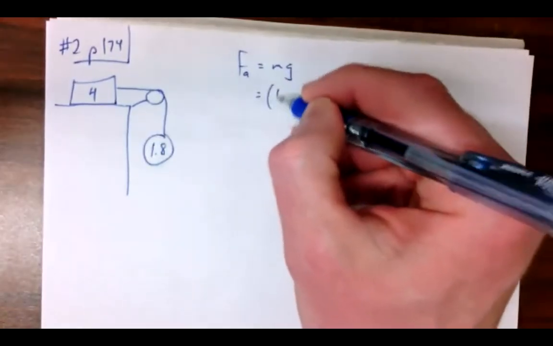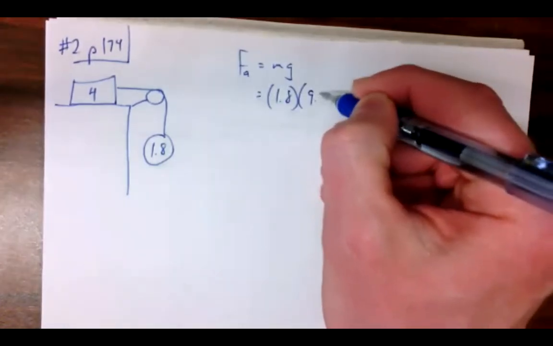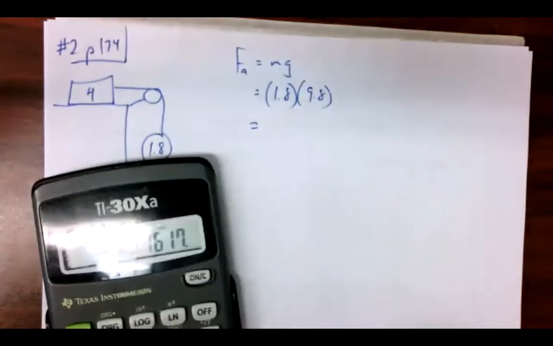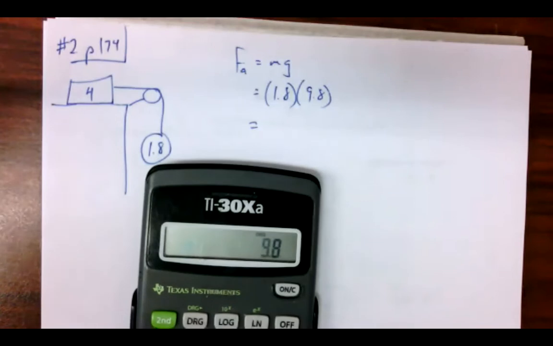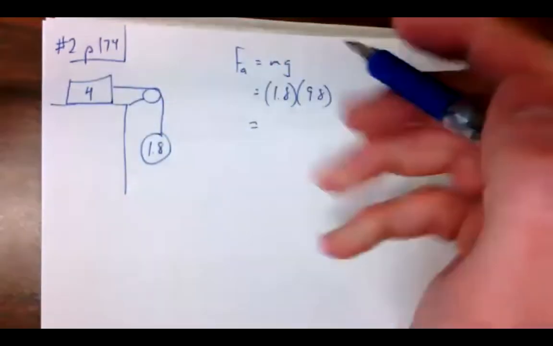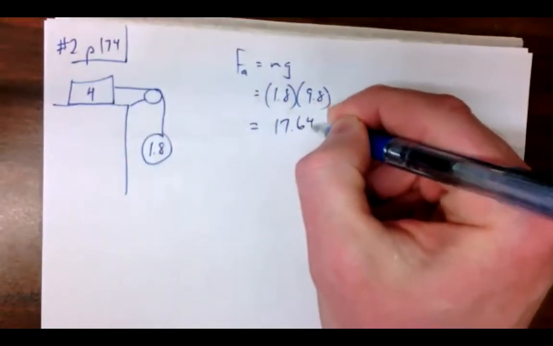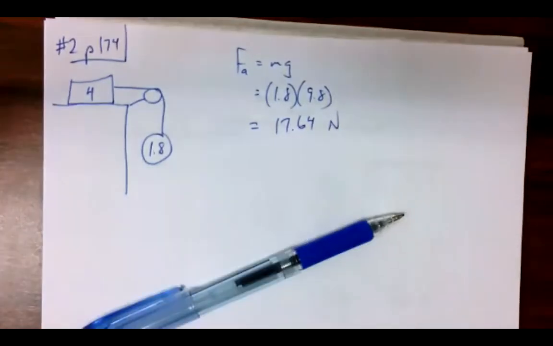So equals mass of 1.8 times gravity of 9.8, which we all know, 1.8 times 9.8 is 17.64. 17.64 newtons. What's the actual question asking?